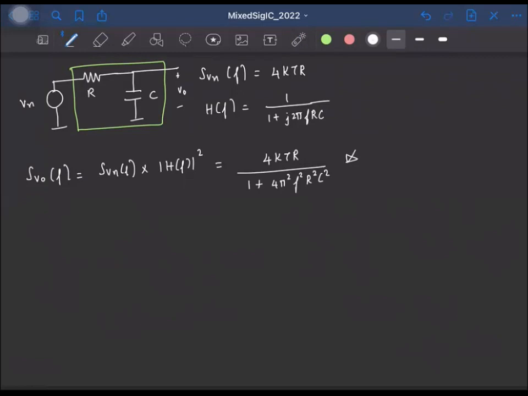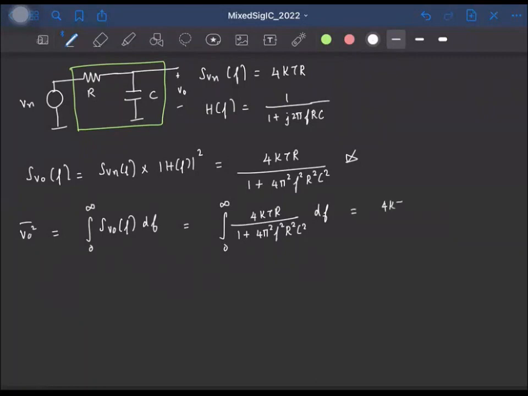So from this we can calculate the mean squared value of V naught, right? What is that equal to? This is simply equal to the integral of the power spectral density, right? So this is the integral from 0 to infinity of 4kTR by 1 plus 4 pi squared f squared R squared C squared df. And I can simplify it further like this.